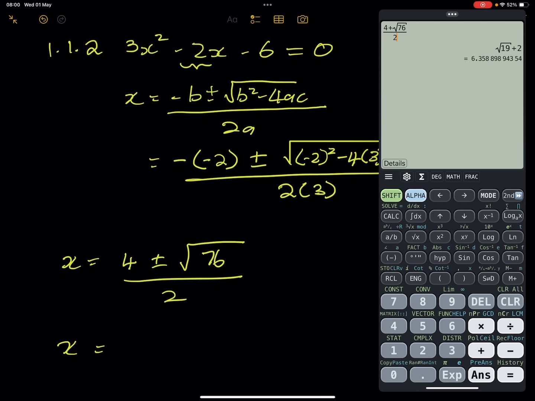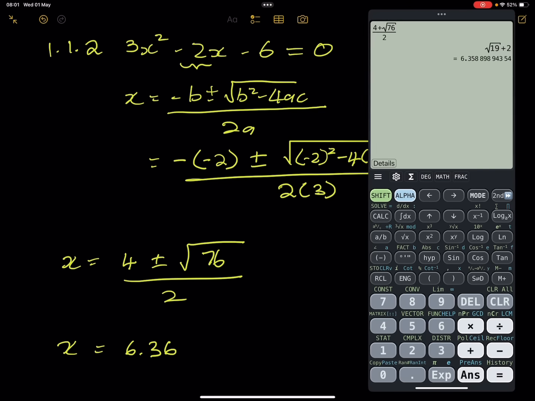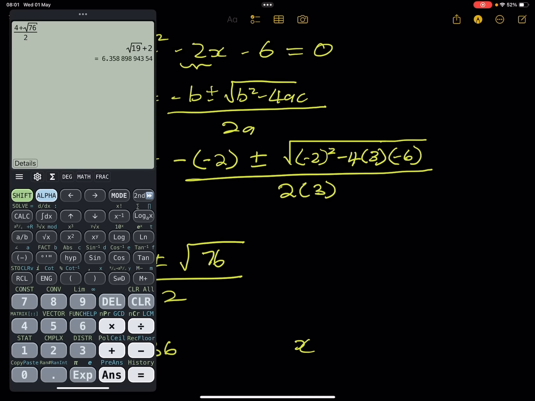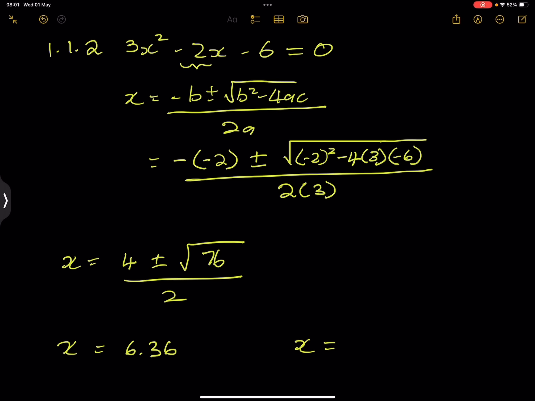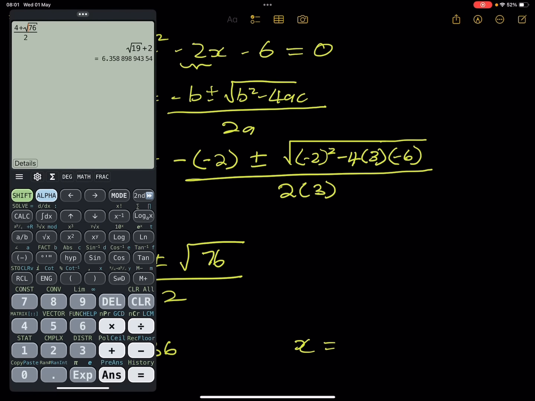That will give me 6.36. Please make sure that when you round off, they said to 2 decimal places. And the other solution is x is equal to, all we do is change the positive into a negative, so that would give us minus 2.36.